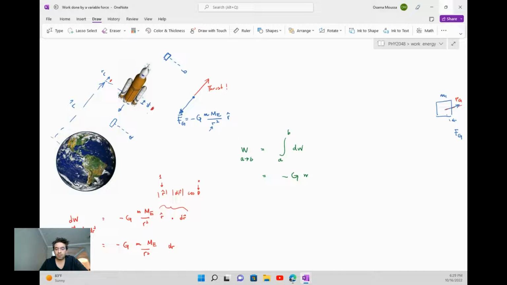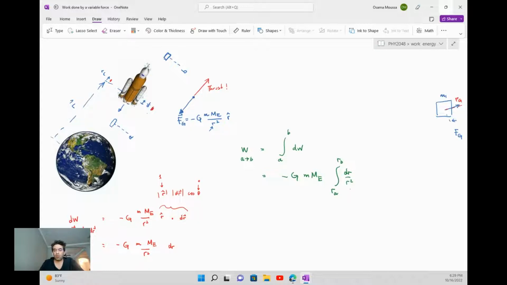All of these are constant things, so they can come out of the integral. And now I'm integrating dr over r squared, and because I'm integrating over r, I'm going to substitute with the limits from ra to rb.